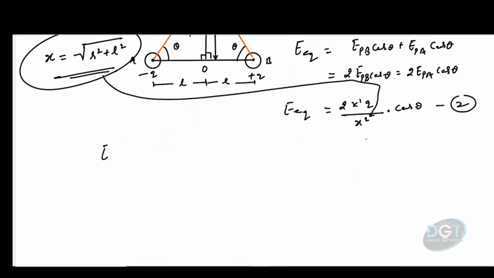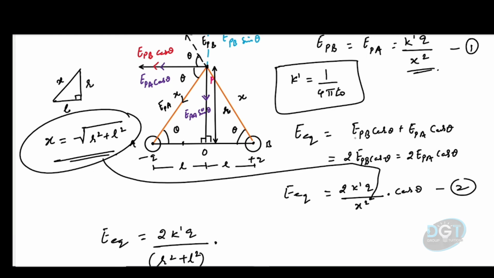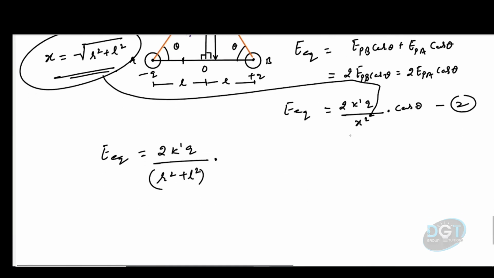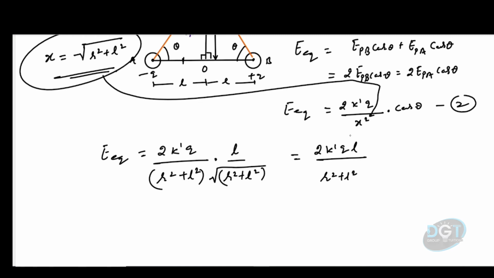So let's use it and write the next step. So 2K dash Q upon, and since x square would be without that root, this would be r square plus L square, and cos theta would be adjacent upon hypotenuse, meaning it would be L upon x, so L upon root of r square plus L square. This root we can write as power notation, r square plus L square raised to half.